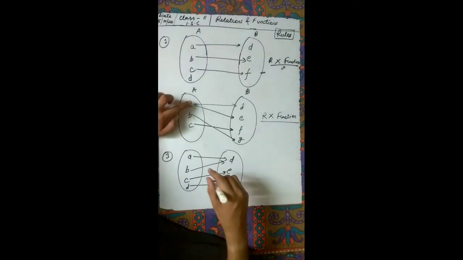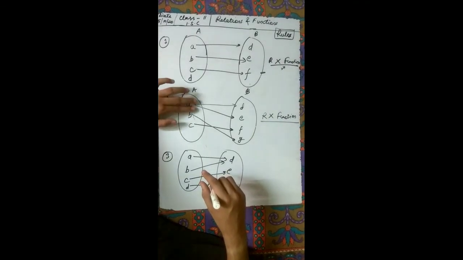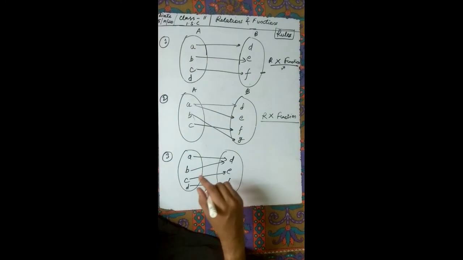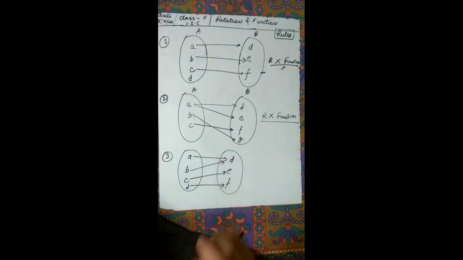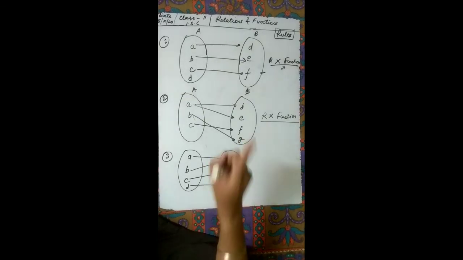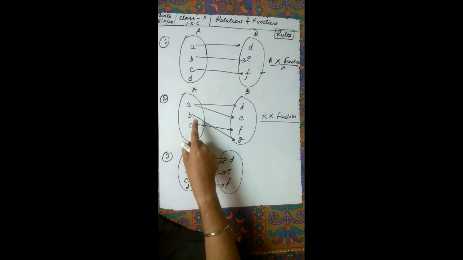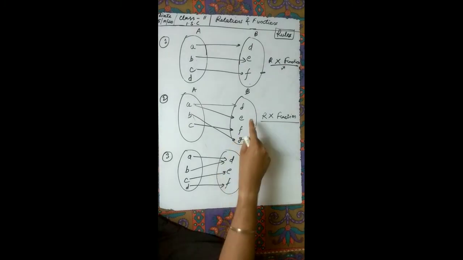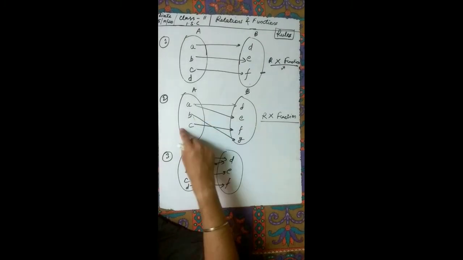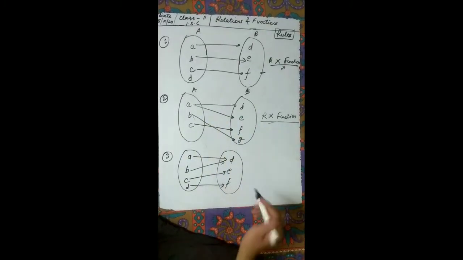Why? Because for one element we are getting 2 images. One object can never have 2 images. Similarly in a function, you have to understand that the elements in the domain have one and only one image in B. So this cannot be a function.